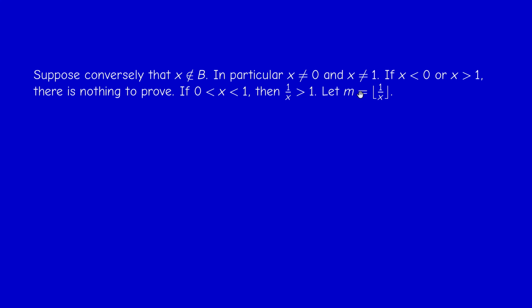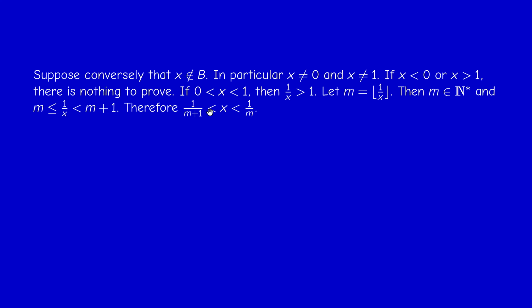Now I take M to be the floor function of 1 over X, which is an integer bigger than or equal to 1. By definition of the floor function, 1 over X is between M and M plus 1. But since X is not in B, X is different from 1 over M, so the inequality here is strict.